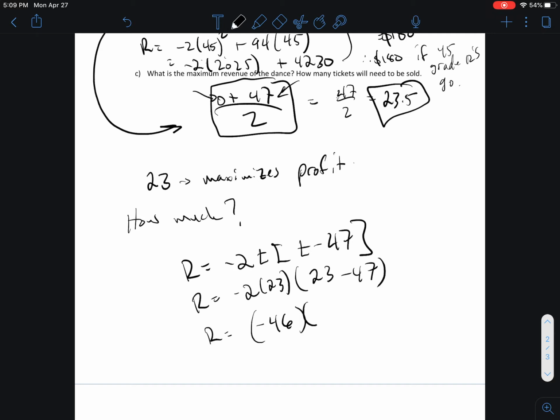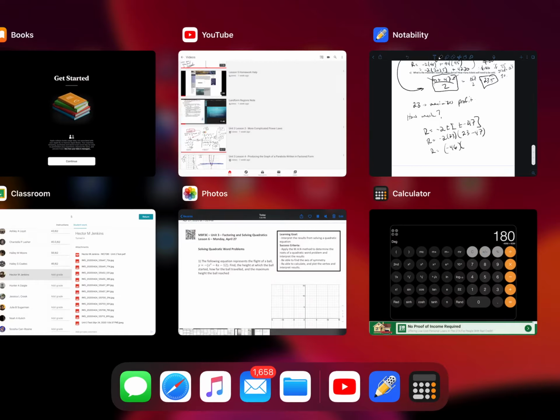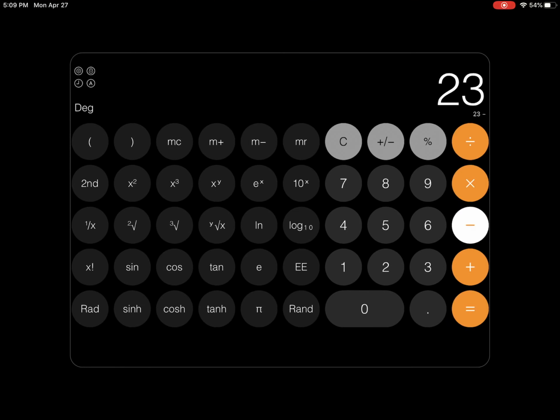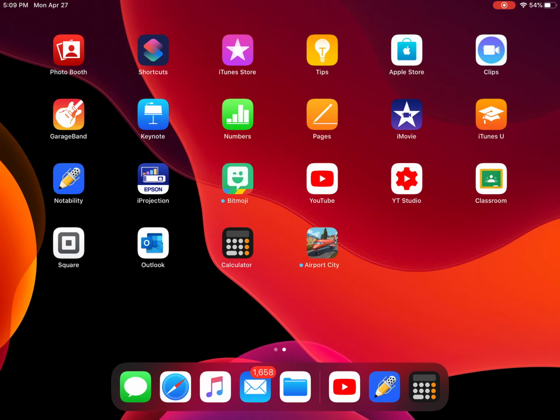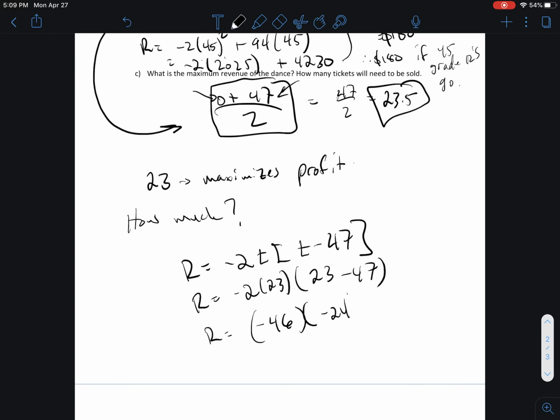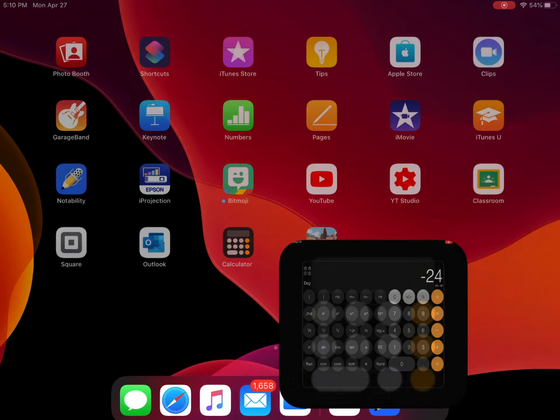We're going to get negative 46 multiplied by 23 minus 47, which is negative 24.